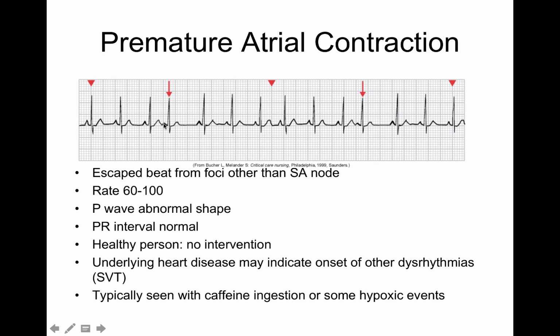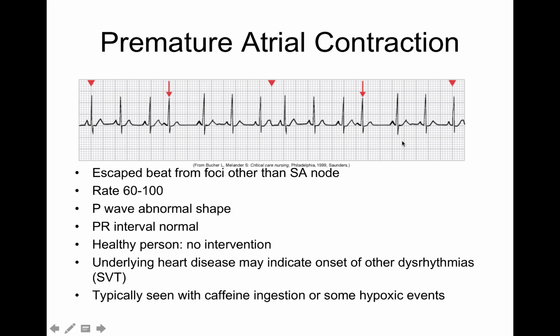So we have the P waves. Typically, I will tell you, if it was a premature beat, what you're going to see is this P wave looks very much like that P wave. The P waves are going to be present, but it's not going to be uniform to the rest of the beat because, like I said, it wants to beat its own drum, so it's going to beat a different drum that's going to beat at a different tone that's going to look different when you see it or hear it.